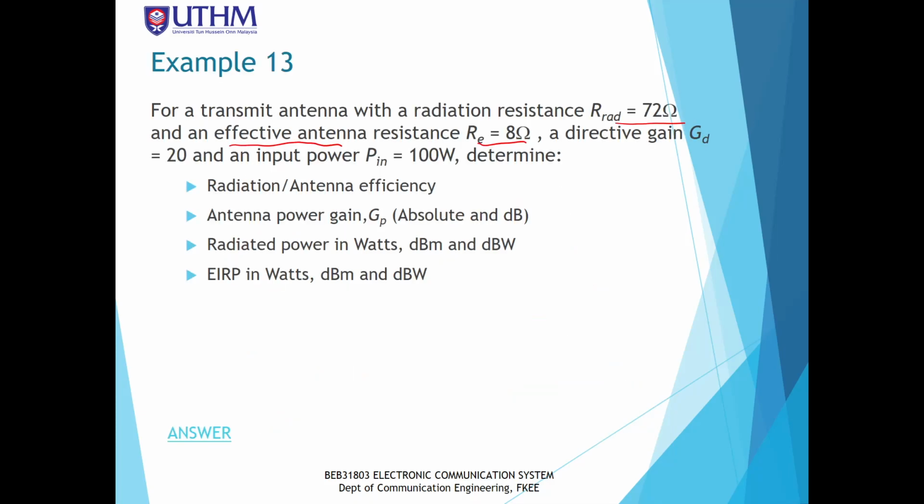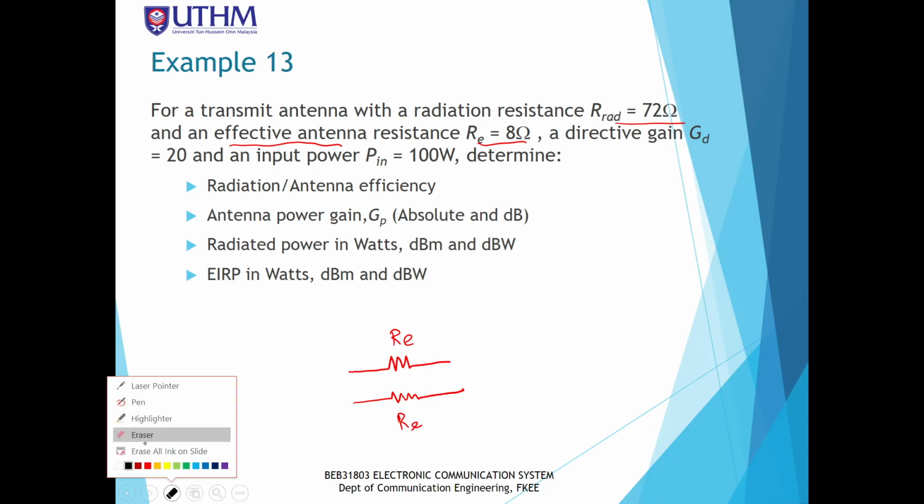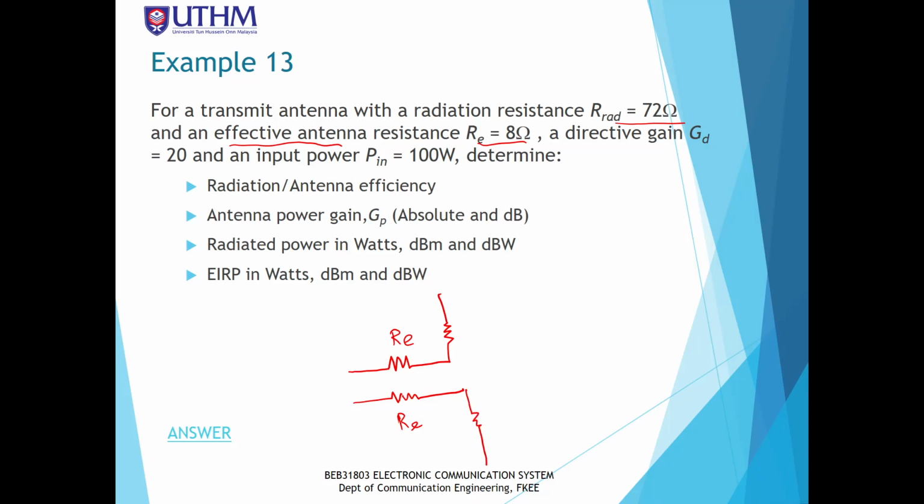Example 13. So that means we can redraw the antenna to become like this. So this is RE, and this is RR.